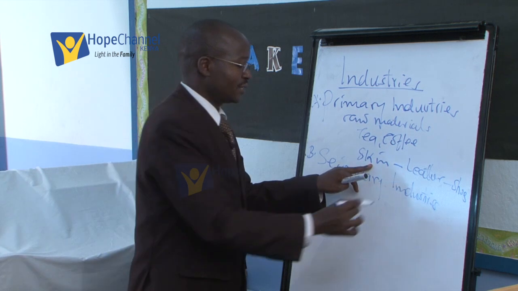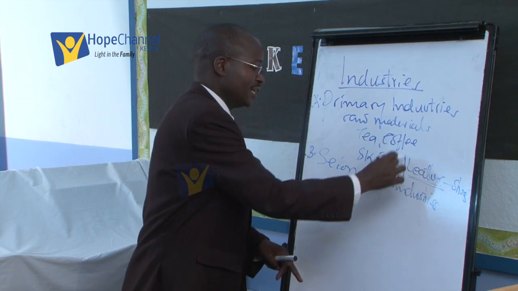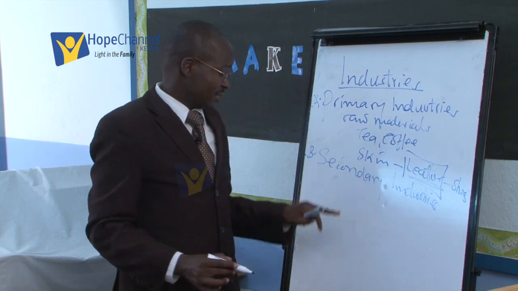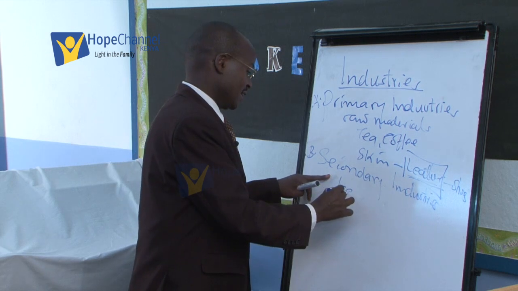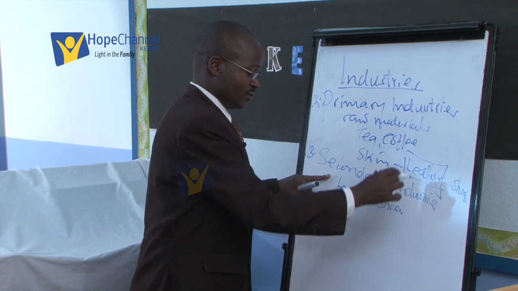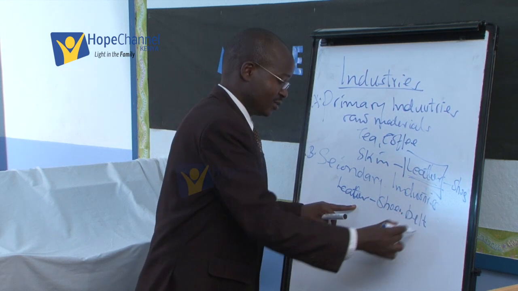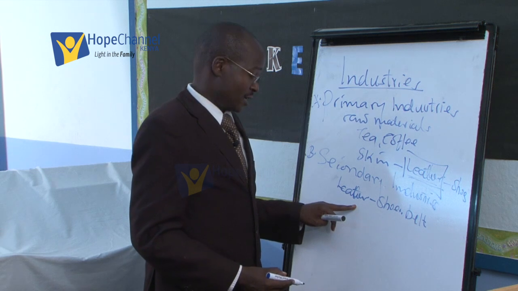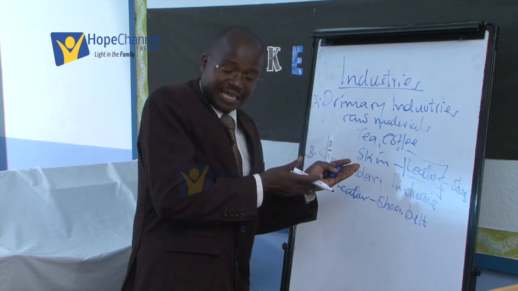It has been changed into a leather form. And then this leather is used by the secondary industry as a raw material to produce shoes. We have leather jackets, we have belts, the one we normally use to tighten our trousers, and all that. So they use the raw materials from primary industries.